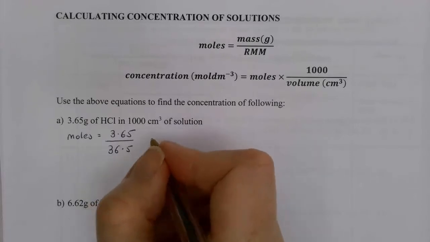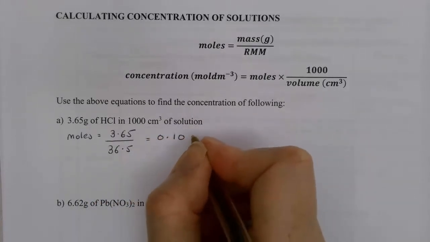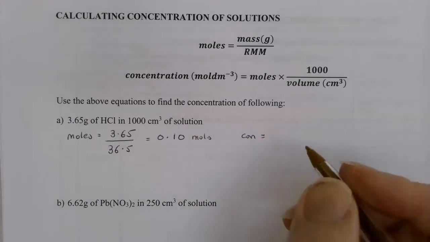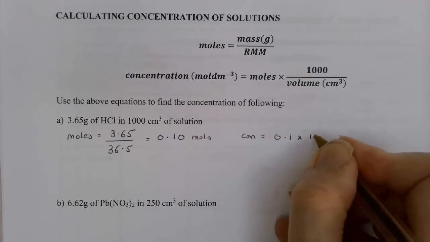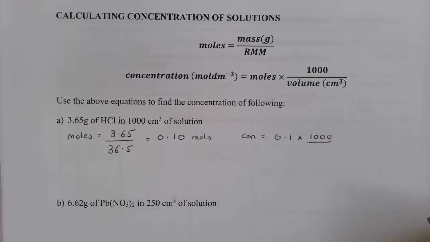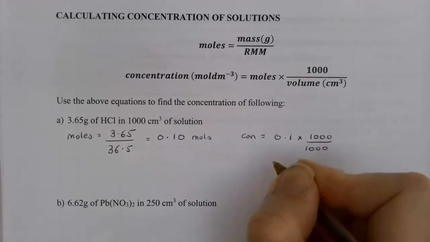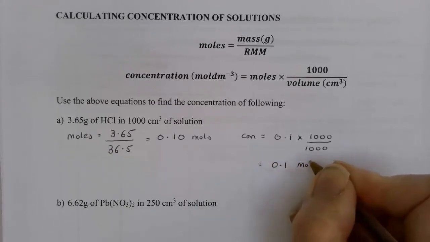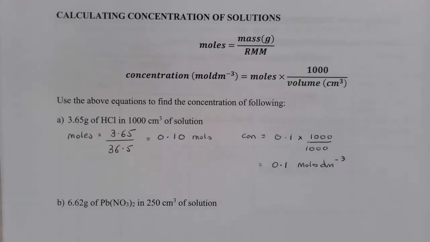So that gives me 0.10 moles, and the concentration is going to be moles 0.1 times by 1,000 and divided by the volume in centimetres cubed, which is also 1,000. So the concentration is simply 0.1 moles per decimetre cubed.